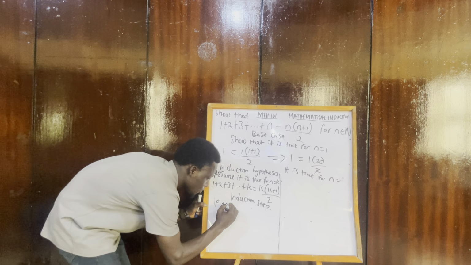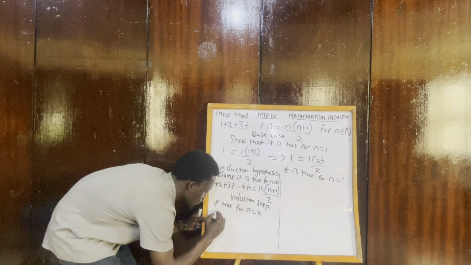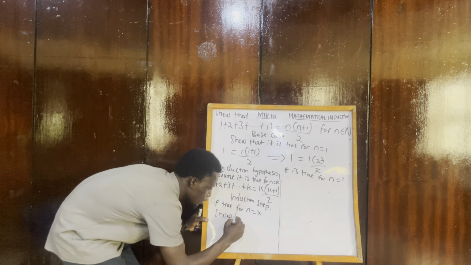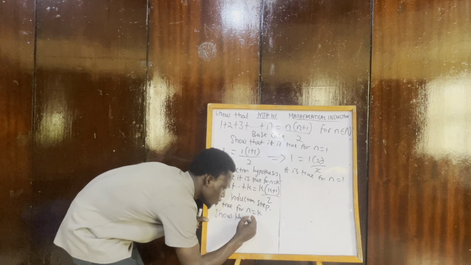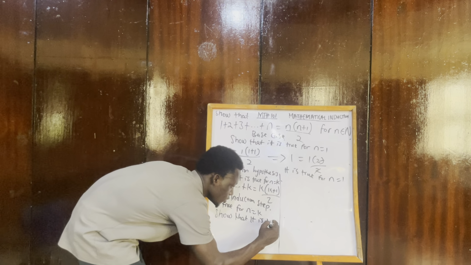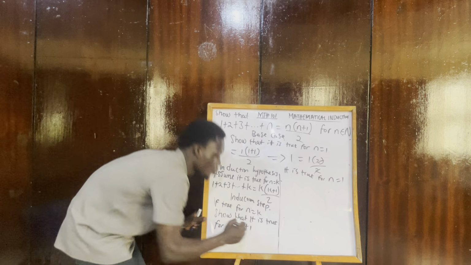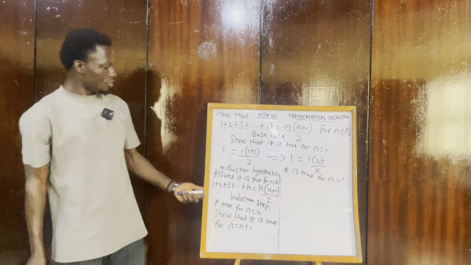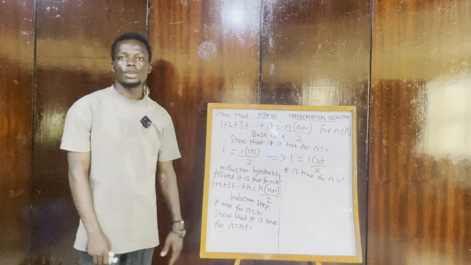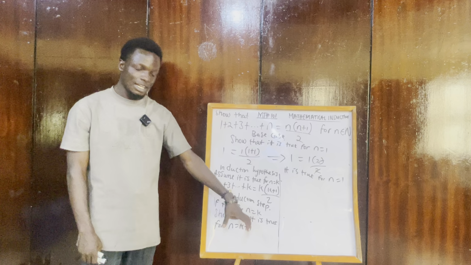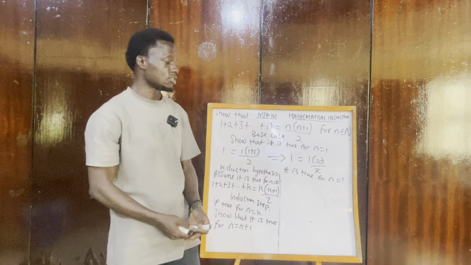Now, if true for n equals k, then show that it is true for n equals k plus 1. Based on our assumption, we have to show that it's true for n equals k plus 1. If you're able to show that it's true for the next number after k, then the statement is true for all natural numbers of n.